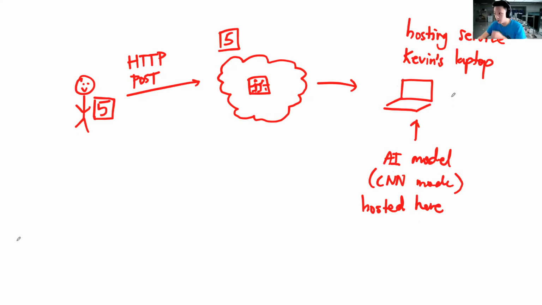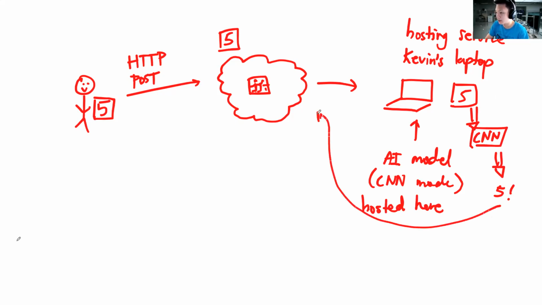Your computer will receive this image, then you will put it through your convolutional neural network, and then you will get a response. So the CNN says that this looks like a 5. Then it'll send it back to your cloud, and the cloud will send it back to you. Your phone will say, this looks like a 5.